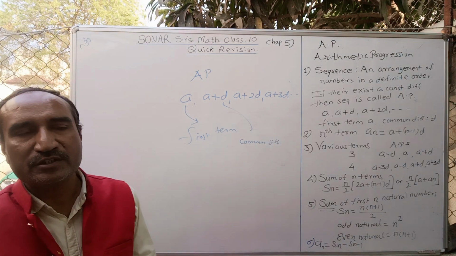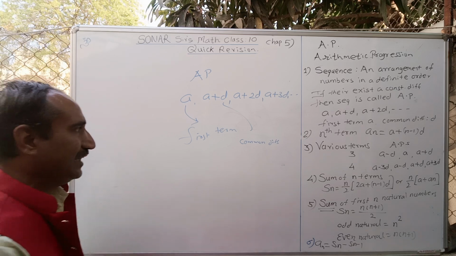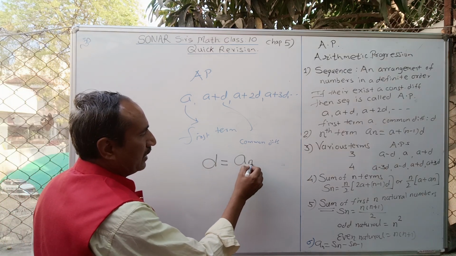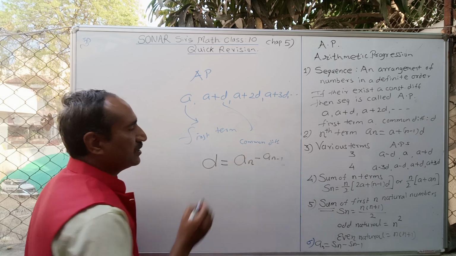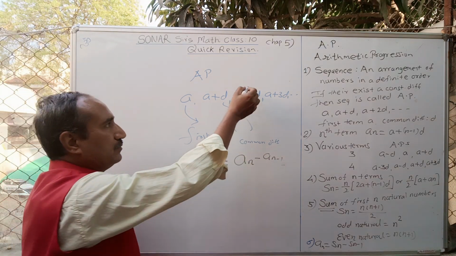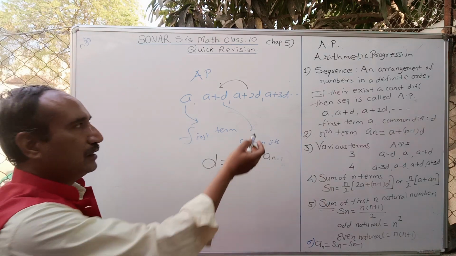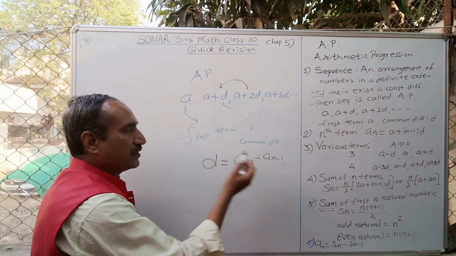So the common difference we find like this: common difference d is equal to an minus a(n minus 1). Suppose this term, we will subtract the previous term. Then we'll get the common difference of the AP.